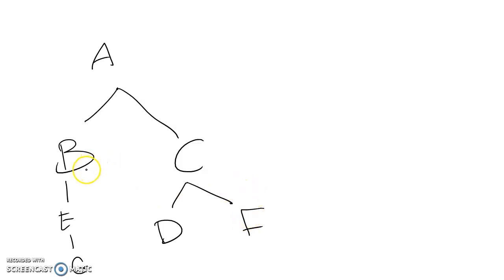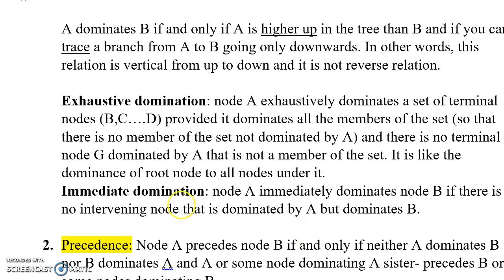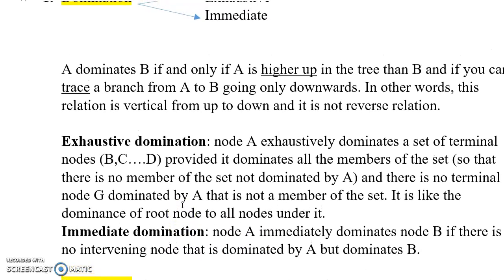B immediately dominates E. B exhaustively dominates E and G. B does not immediately dominate G because there is an intervening node between them, which is the E node. So this is the meaning of immediate domination.